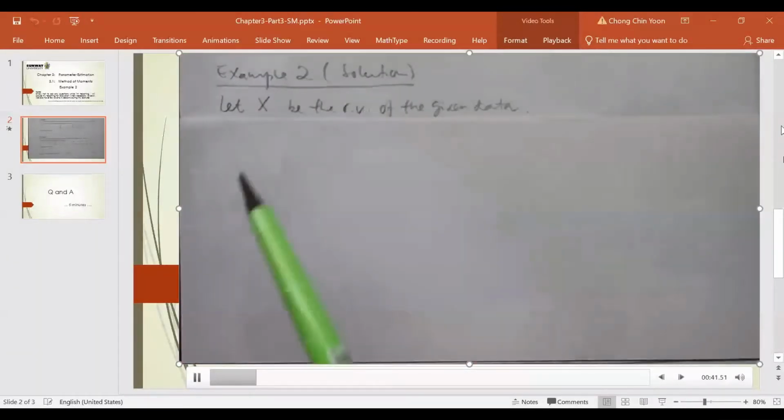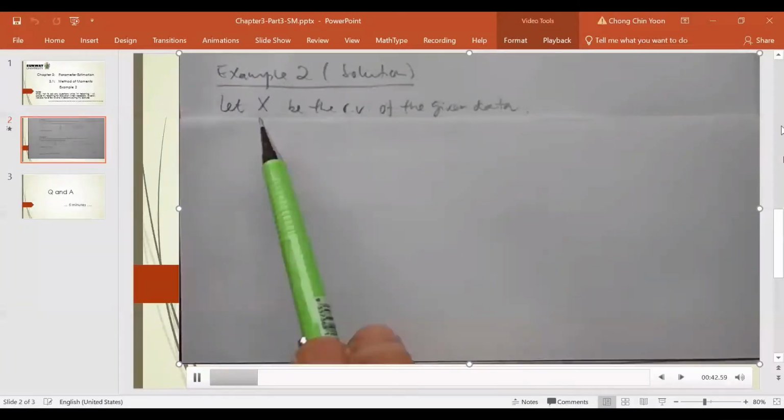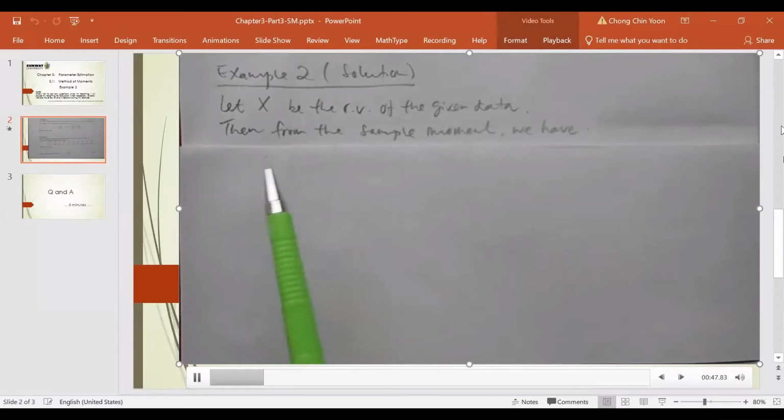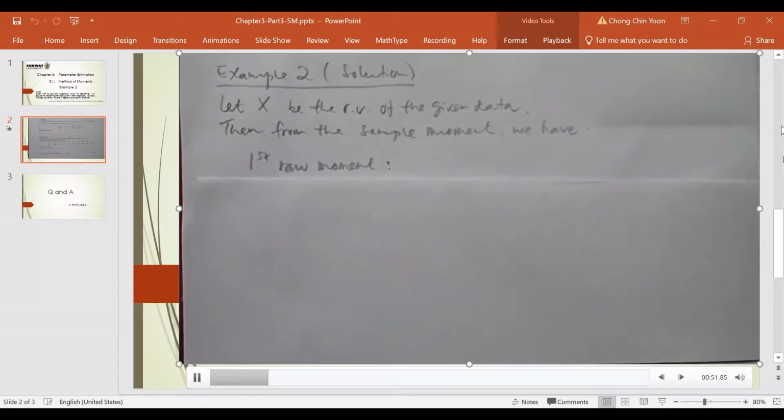Solution for example 2. Let X be the random variable of the given data. Then from the sample moments, we have the following.